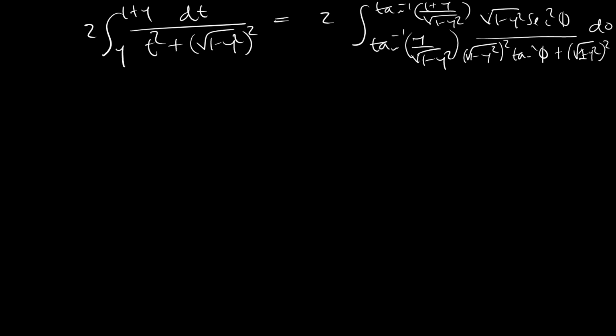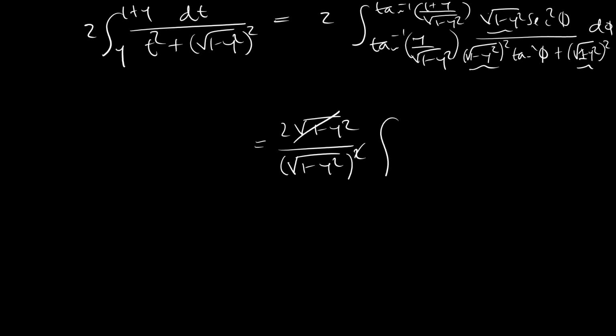And we have d phi here. So we can pull this out and also this out, so that we have 2 square root of 1 minus y squared over the square of the square root of 1 minus y squared. So this and that would cancel. Integral of sec squared phi over 1 plus tan squared phi would also be sec squared phi.